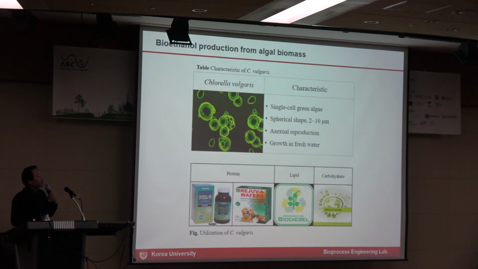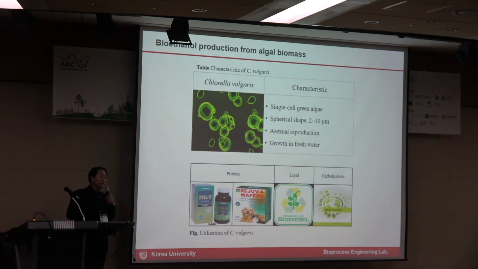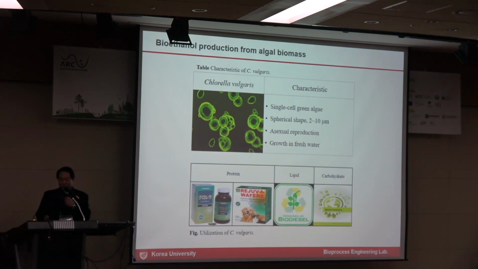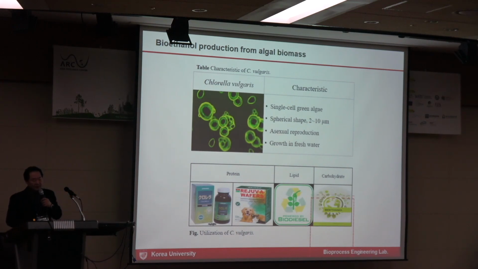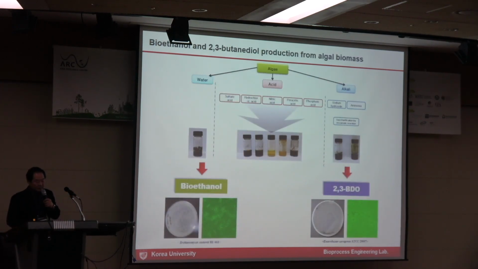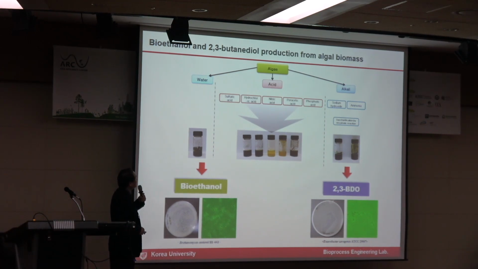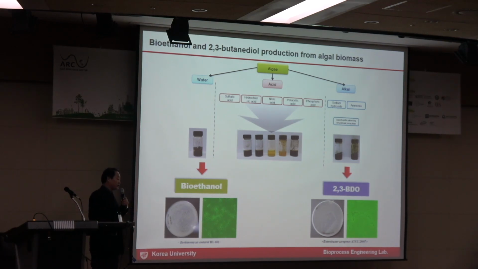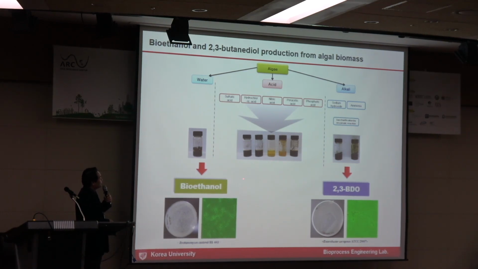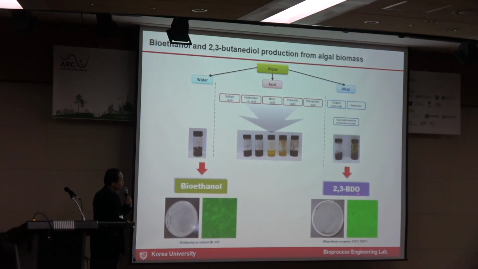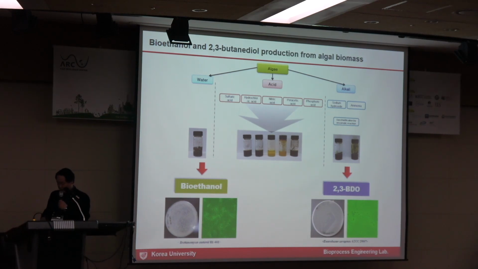Then we could produce bioethanol as well from those sugars, glucose and galactose. First we need pretreatment with acids to get sugars, and you could produce bioethanol. But in this talk, I just try to introduce bioethanol, as the result of the video is not shown here.